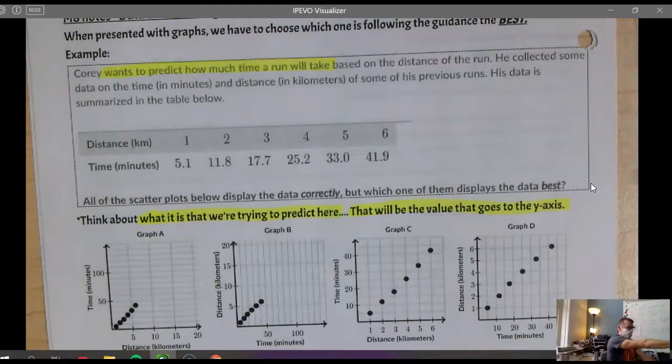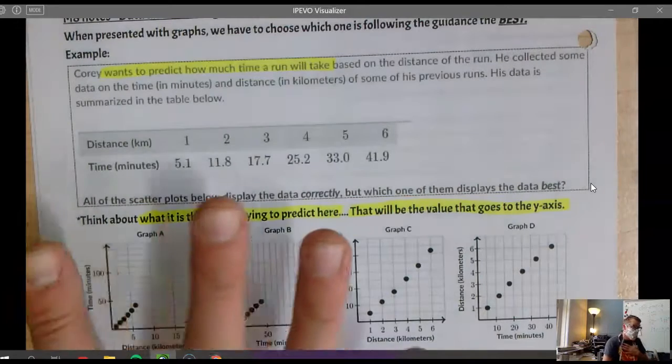Because you're not wrong. Can time determine how far you're able to go? Yes. Can how far you go determine time? So could we graph this either way? Yes. The best is based off the situation we're being asked.